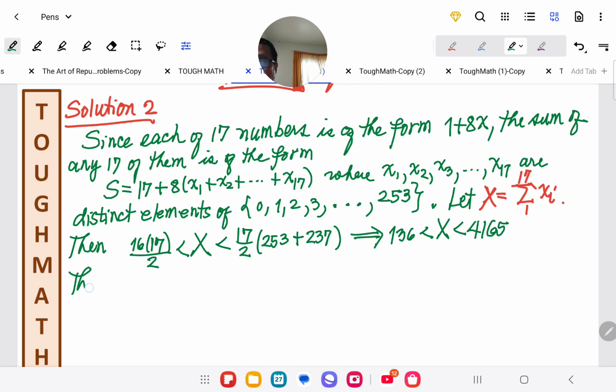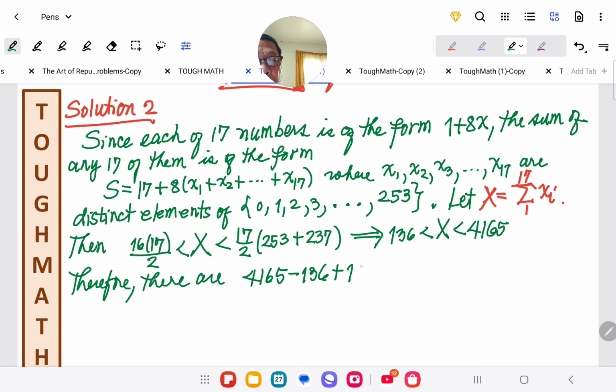Therefore, there are 4,165 minus 136 plus 1, which is equal to 4,030 possible values of n.